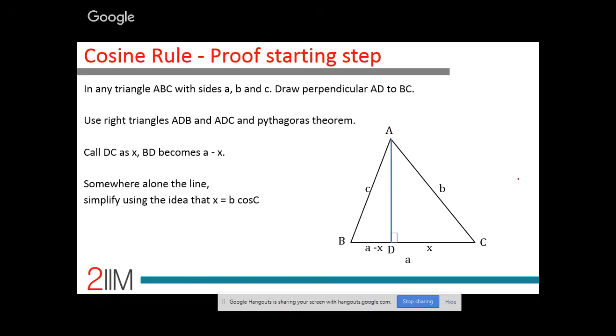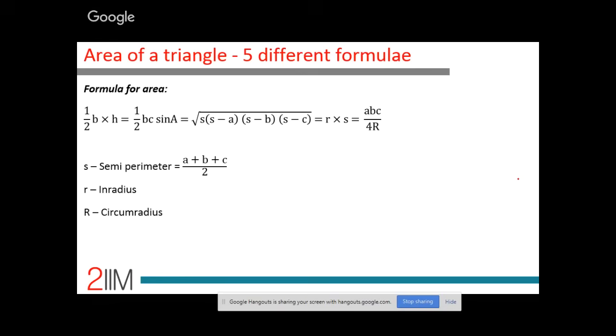Sine B is AD by c, or AD is c sine B. Therefore half bc sine A, half ab sine C, et cetera. And so half into side, a product of two sides of a triangle and the sine of the angle in between them.